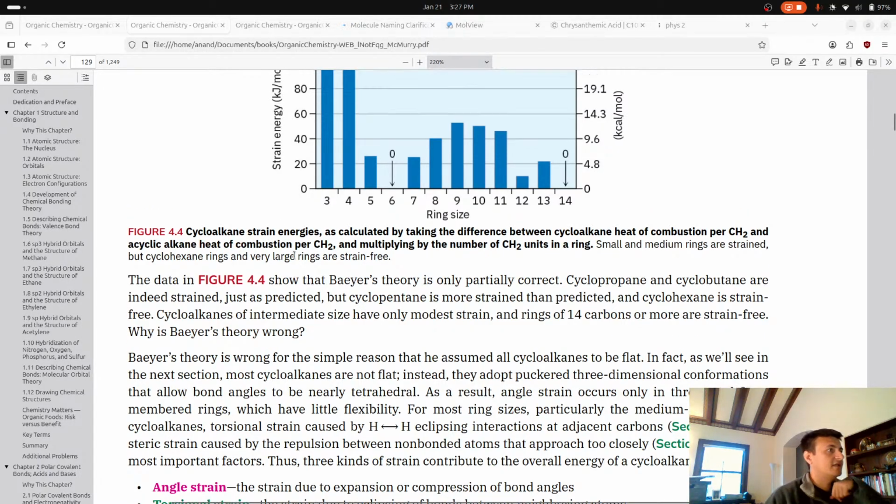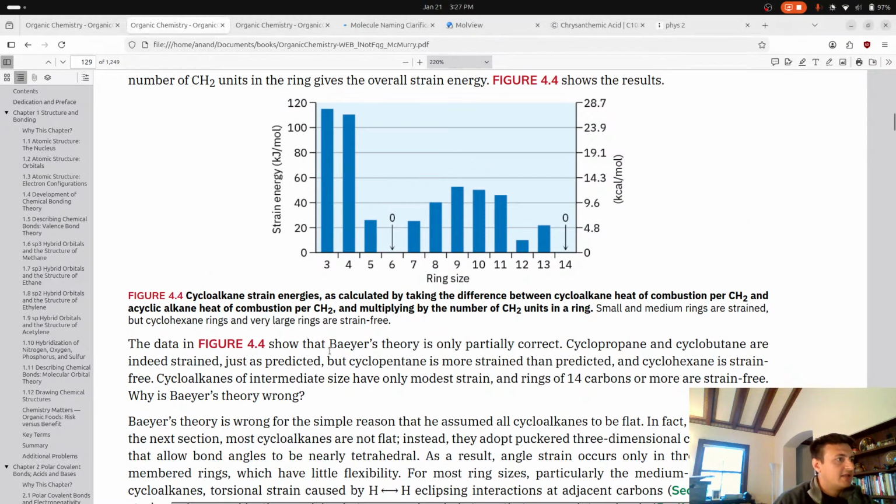Okay, the data in figure 4.4 shows that Baeyer's theory is only partially correct. Cyclopropane and cyclobutane are indeed strained just as predicted, but cyclopentane is more strained than predicted, and cyclohexane is strain-free. Cycloalkanes of intermediate size have only modest strain, and rings of 14 or more are strain-free. Interesting.